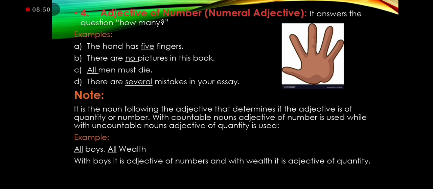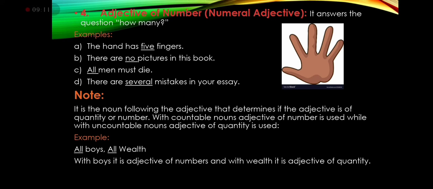Now here is another point that you have to keep in your mind while differentiating between adjective of quantity and adjective of number. You just have to note down and listen to me carefully. It is the noun following the adjective that determines if the adjective is of quantity or number.